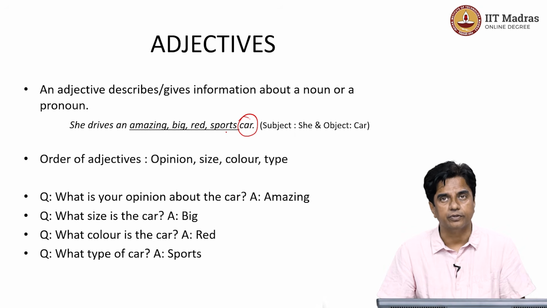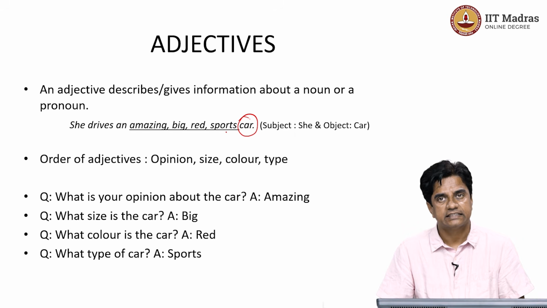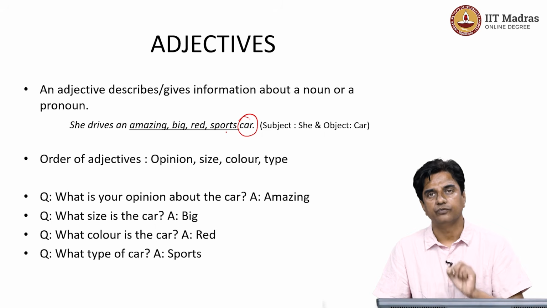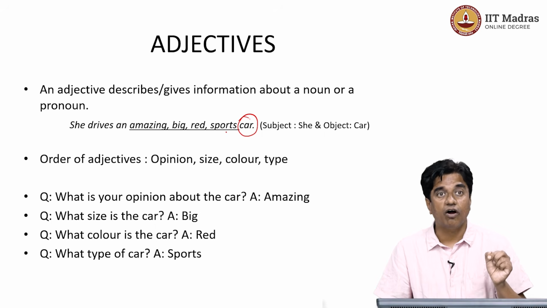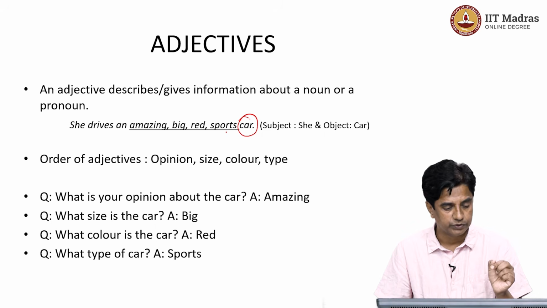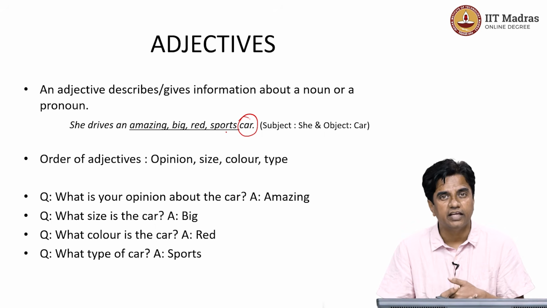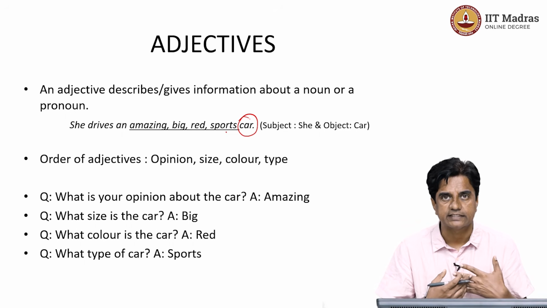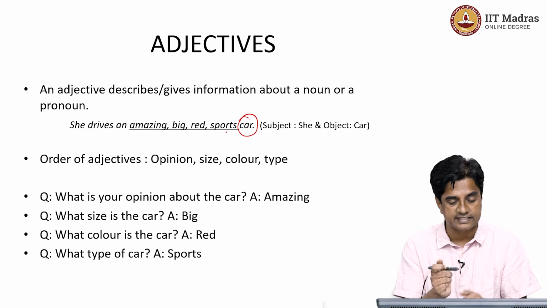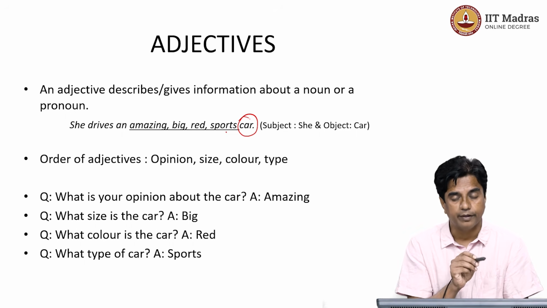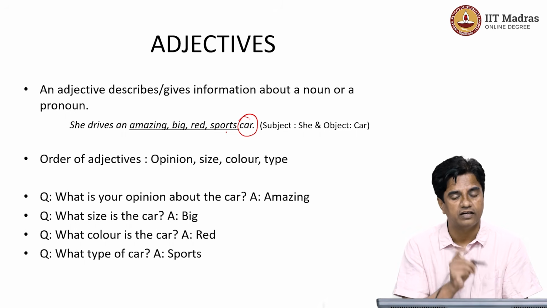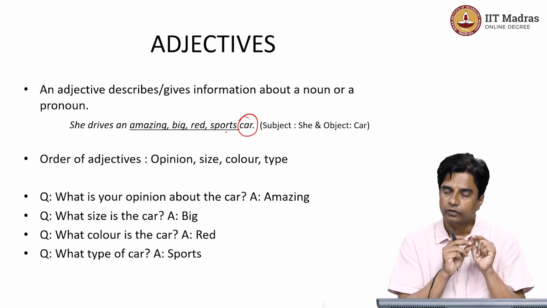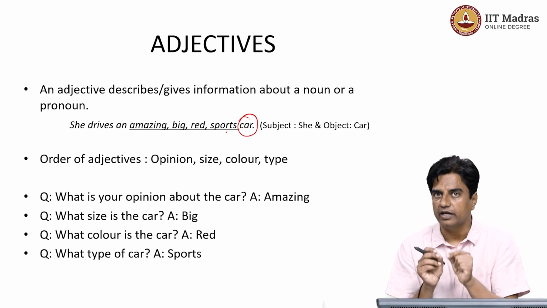It is also possible in a sentence that one adjective modifies multiple nouns. You can make a sentence of that type on your own. At this point, I invite you to make several sentences to check these things. You can make several sentences where you have multiple adjectives modifying one noun, or you can make a sentence where one adjective modifies multiple nouns.